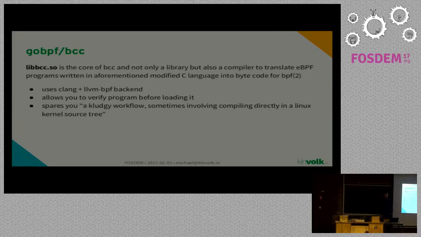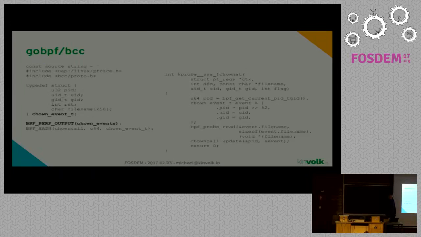So we can actually verify it, or BCC verifies it for you before it gets passed to the kernel. And BCC also provides you with a lot of headers. Before, you often had to import kernel headers to have all the necessary definitions for BPF, and all that is in BCC. So it's really a nice library, and you should check it out if you want.